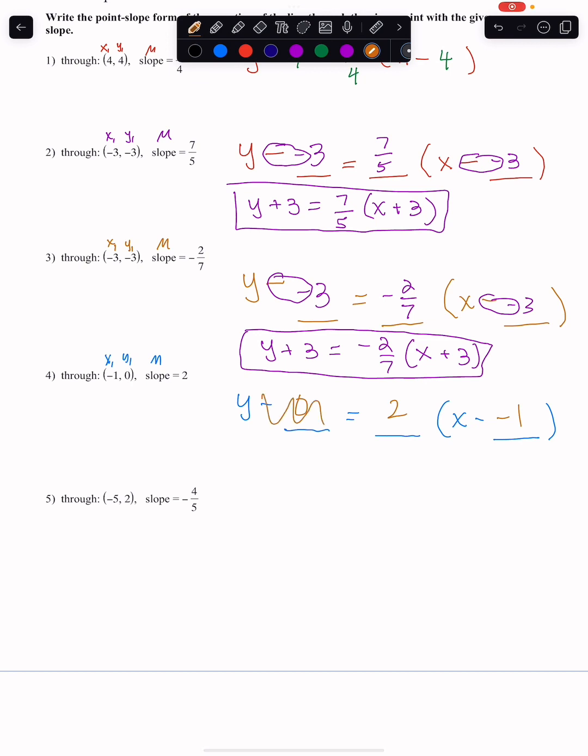We don't need this if it's just a 0 over there. y is equal to 2, parenthesis x, double sign, plus 1. This is the answer to that one. What I want you to do right now is pause the video and try to fill in this next one on your own. When you think you have got it all down, unpause the video, and I want you to see if you get the same answer I did.